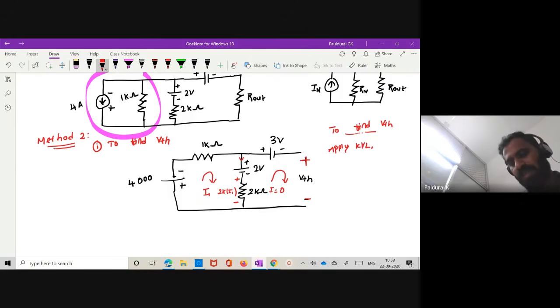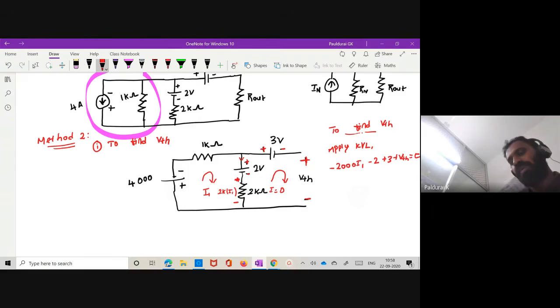So minus 2, plus, what is this? Minus 2000 I1. This is minus 2 plus minus 2. This is plus 2 minus plus 3. This is plus 2 minus plus VTH equal 0.